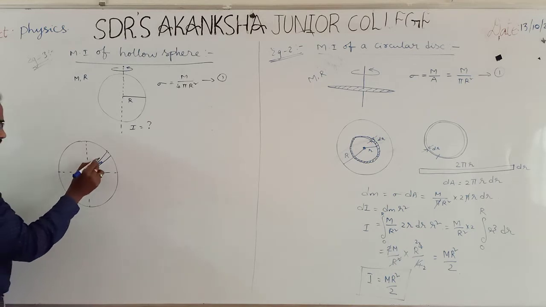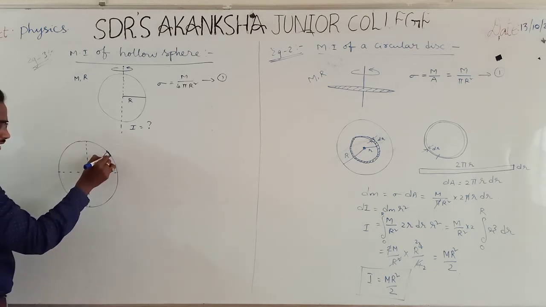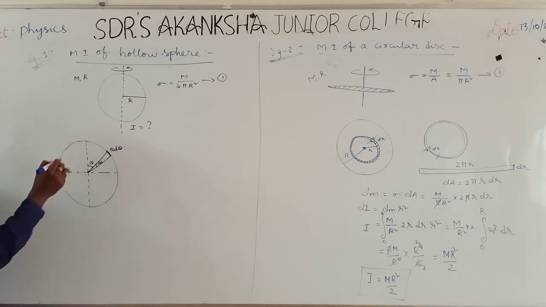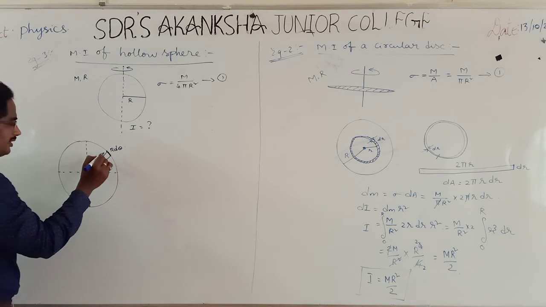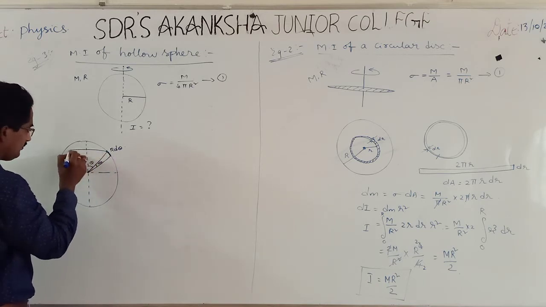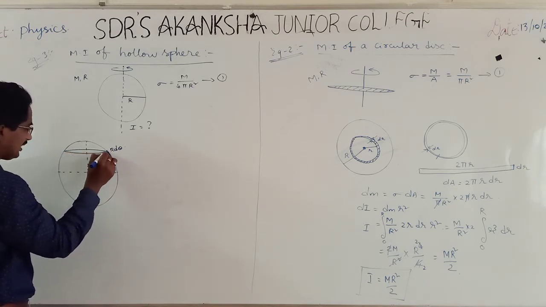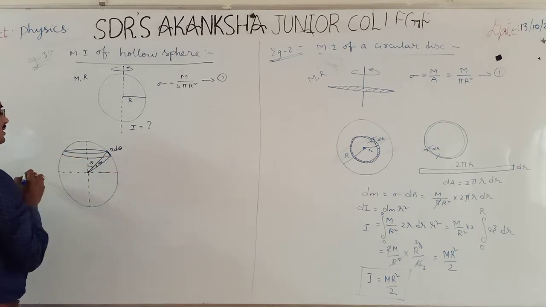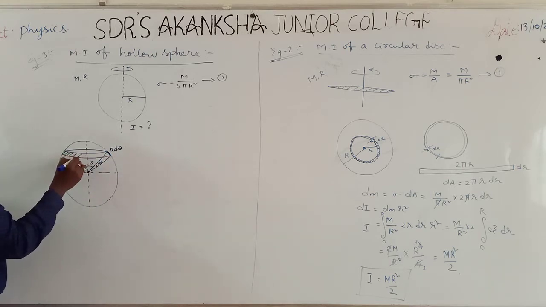If I select a ring of angular width d theta, then its length is what? R into d theta. Now, with this element I am considering a ring like this. See here, this is the ring.